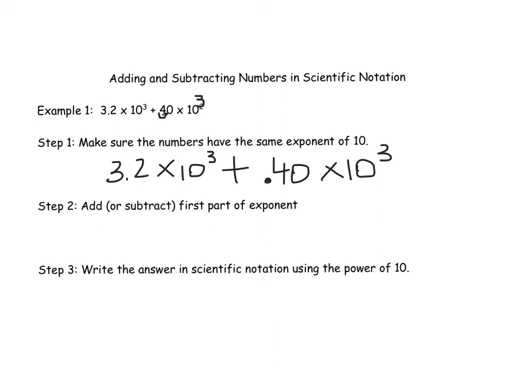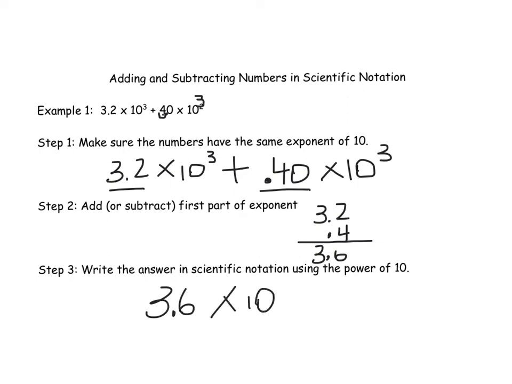Then we add or subtract the first part, so the 3.2 and the 0.4. Remember, when you add decimals, you line up the decimal place. So we add those together and we end up with 3.6. And then we write our answer in scientific notation. So it's 3.6 times 10 to the third power.